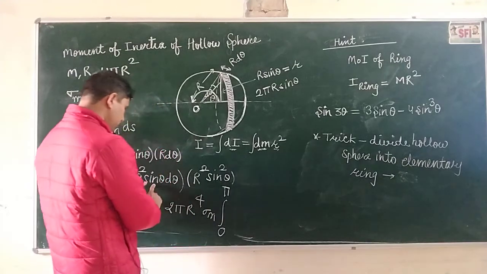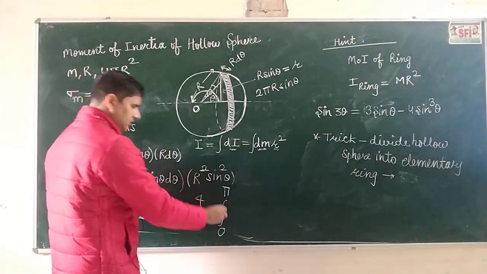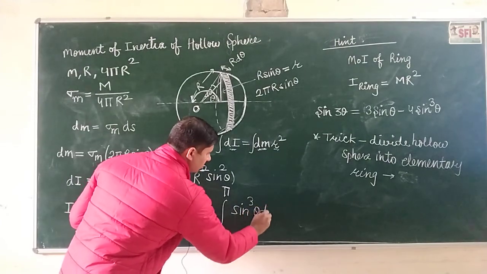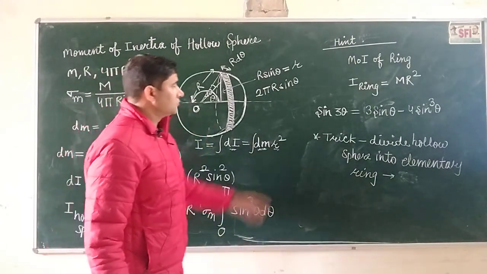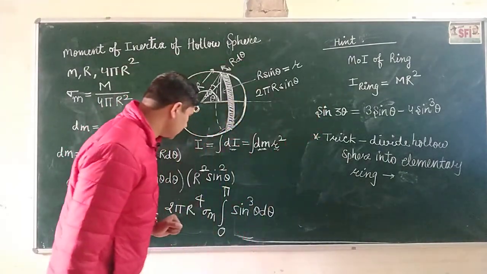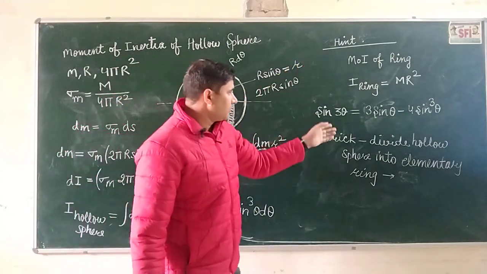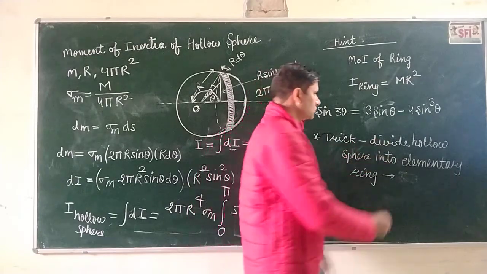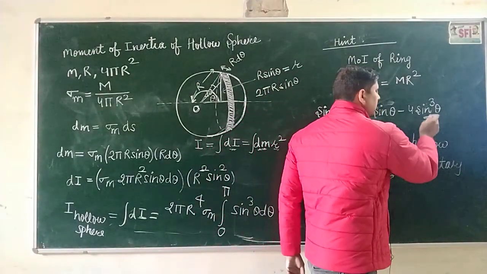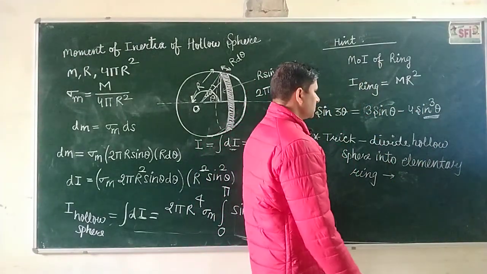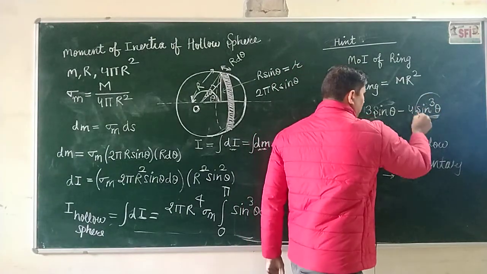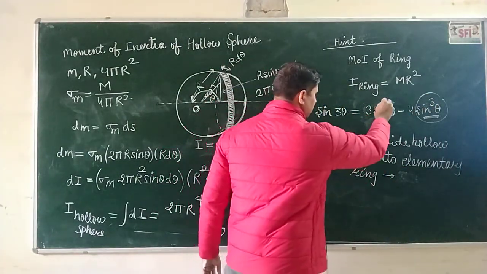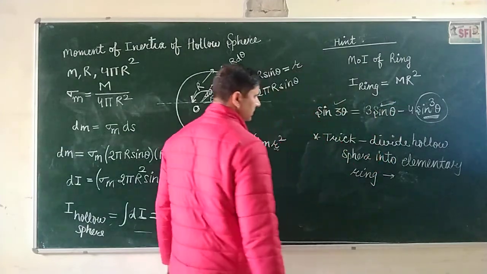And then you have sin theta into sin square theta, that is sin cube theta into d theta. So further I have written here the formula of sin 3 theta, because you are to find the value of sin cube theta, and from this relation you will find the value of sin cube theta in terms of sin theta and sin 3 theta.